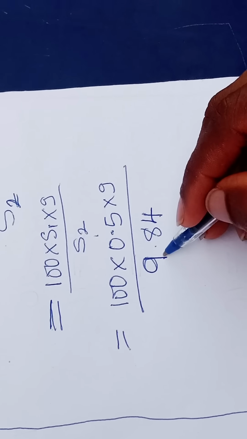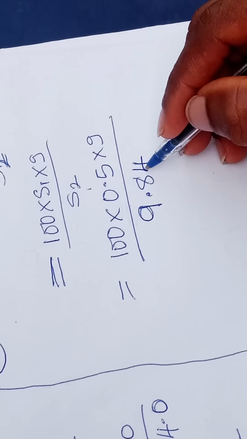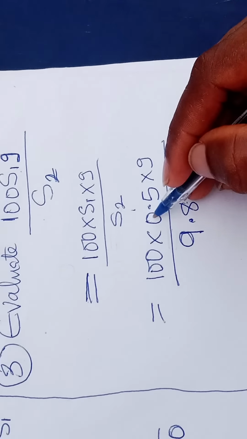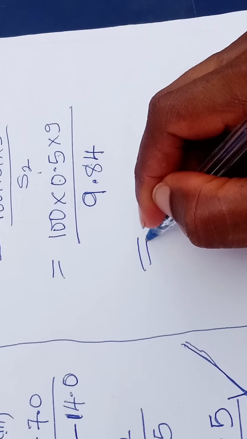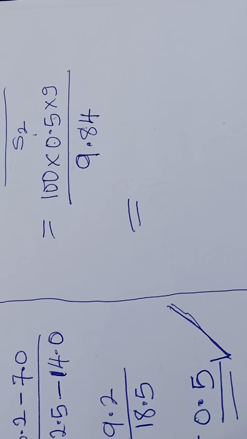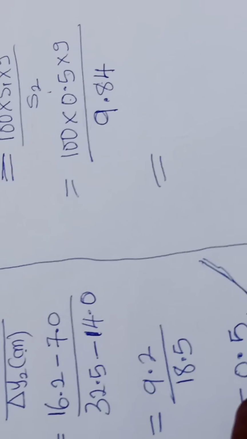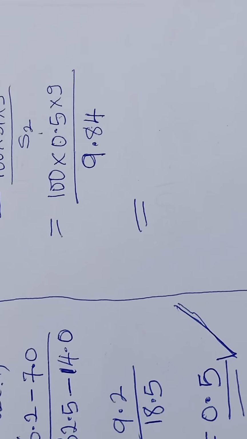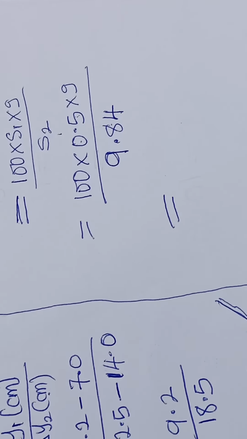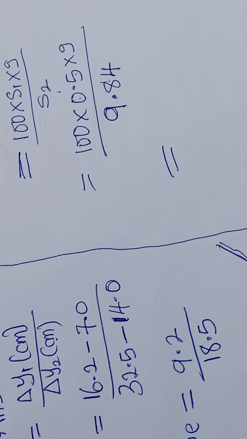This one is the slope of the second graph. This is the slope of the first graph. So when you multiply everything together, use your calculator and do this calculation.